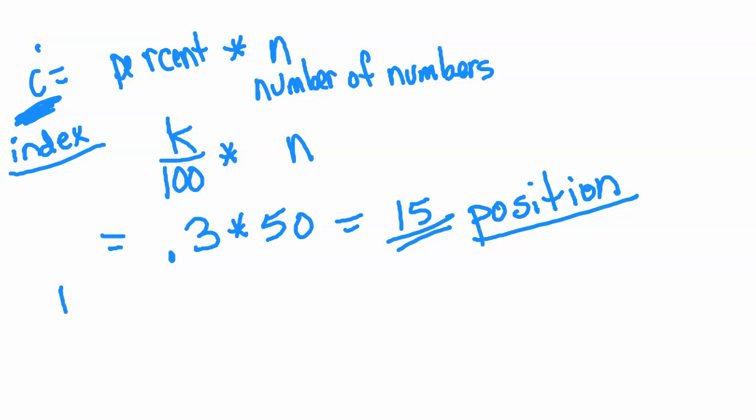It said if you get an integer, which we did, 15. We didn't get 15.1. We didn't get 15.7. We got just 15.